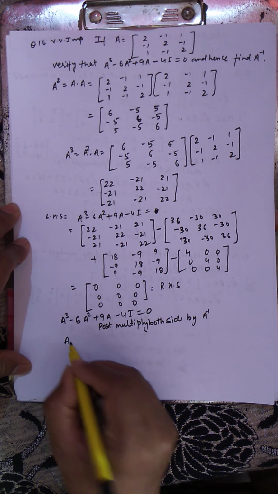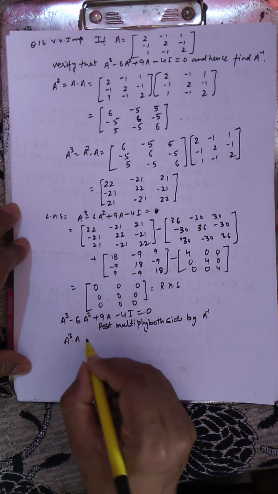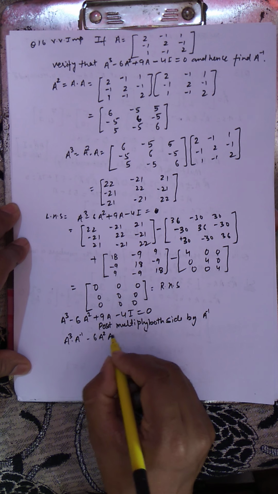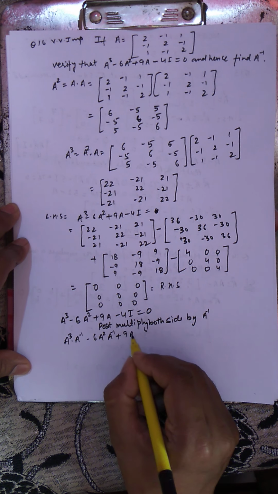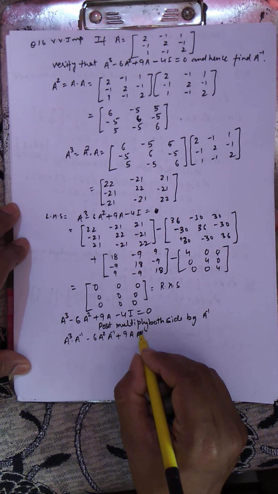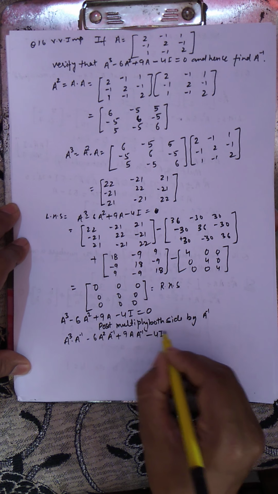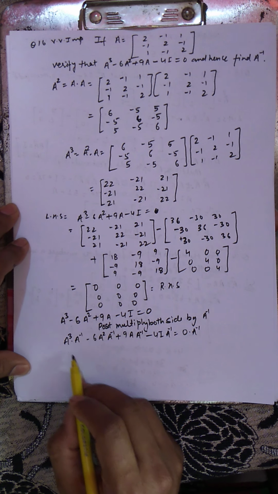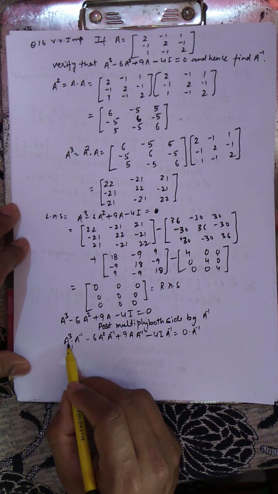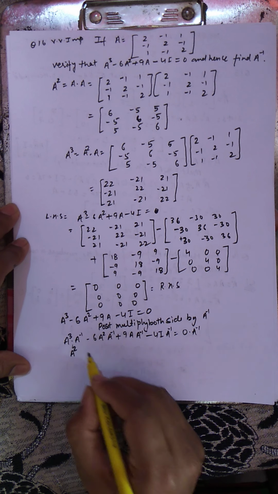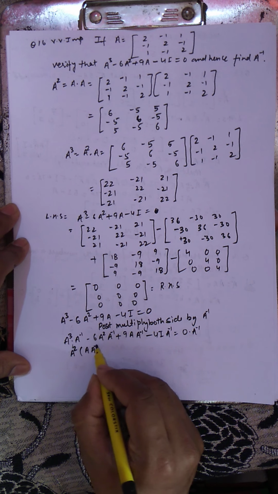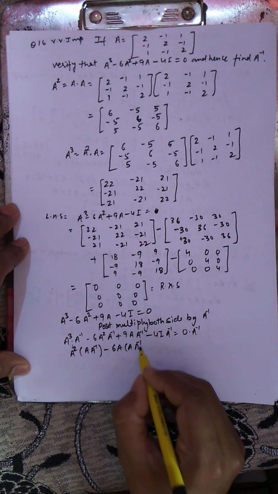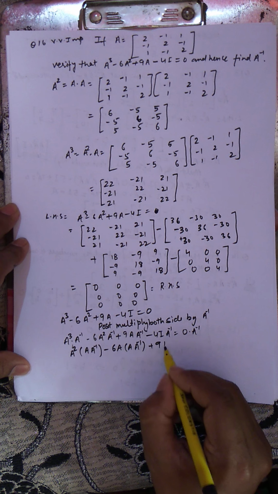So this becomes A cube into A inverse minus 6A square into A inverse plus 9A into A inverse minus 4I A inverse, and 0 into A inverse. So you can see A cube can be written as A square, A into A inverse, minus 6A can be written as A, and this becomes 9I.